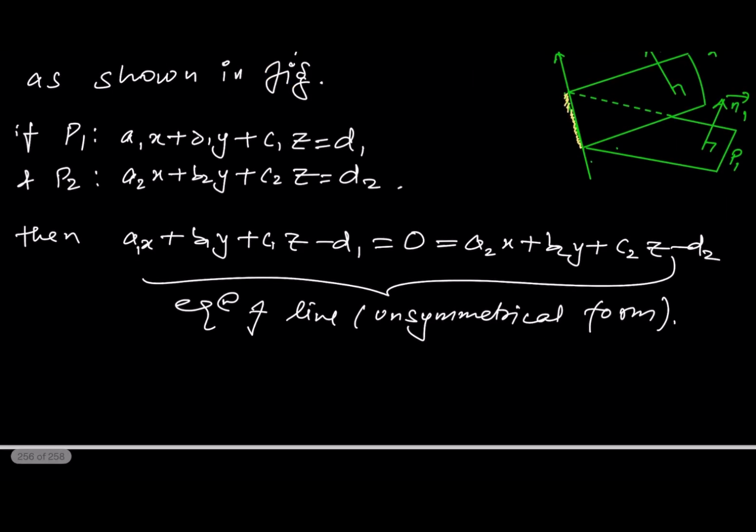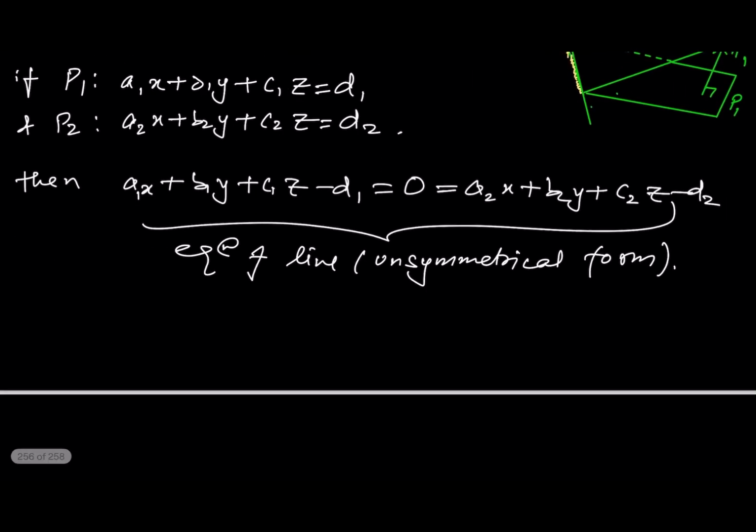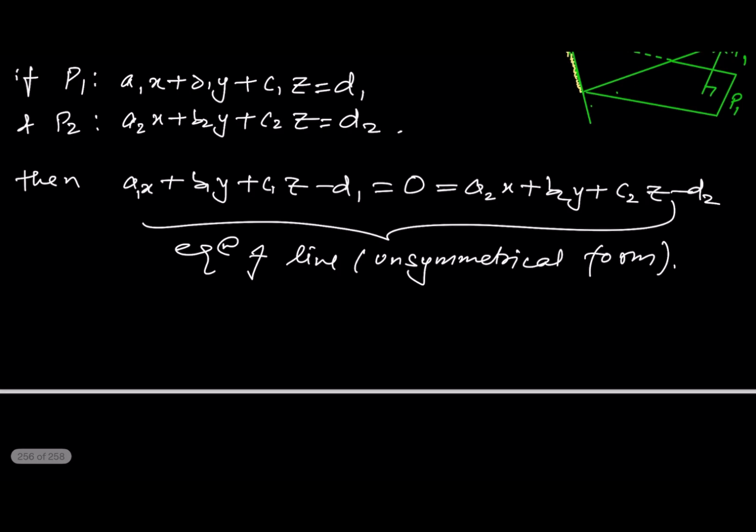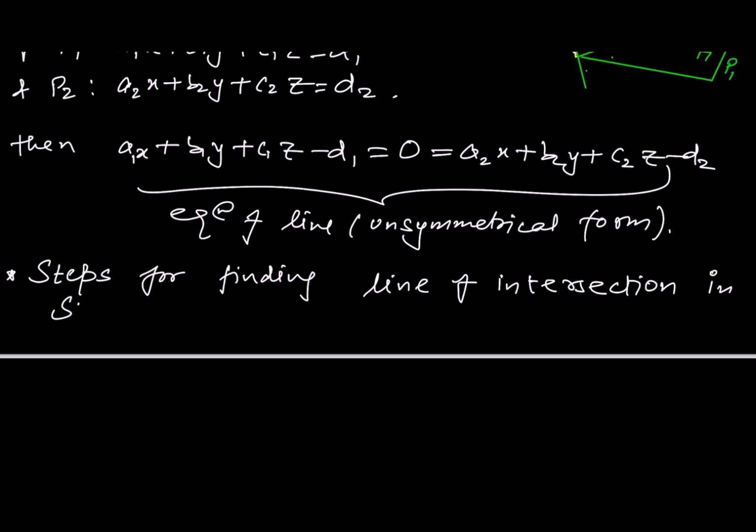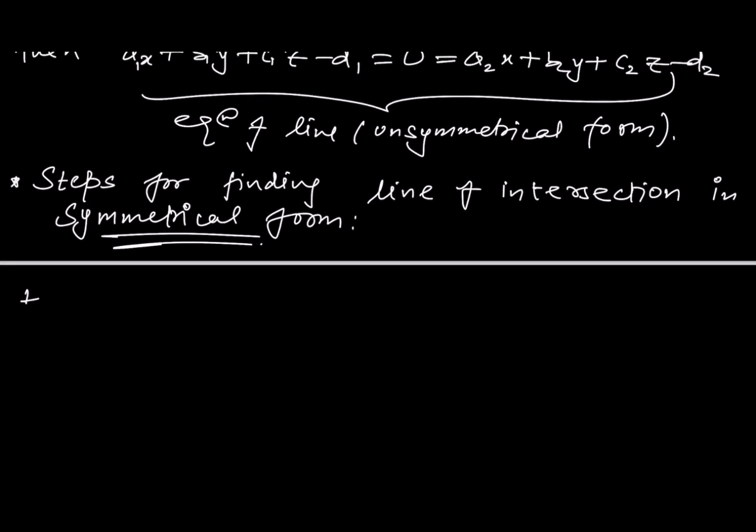So how can we find the equation in symmetrical form? For this, there are some steps for finding the line of intersection in symmetrical form. Step 1 is put z is equal to lambda in both planes, or equations of planes, right?